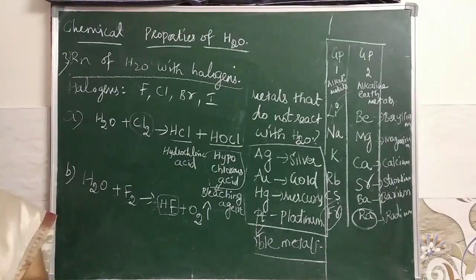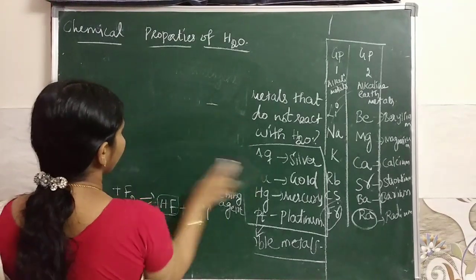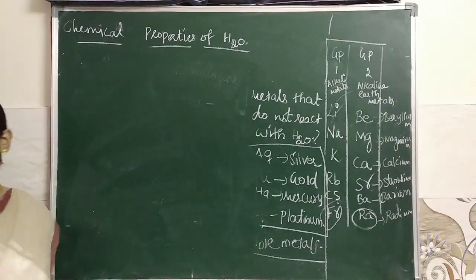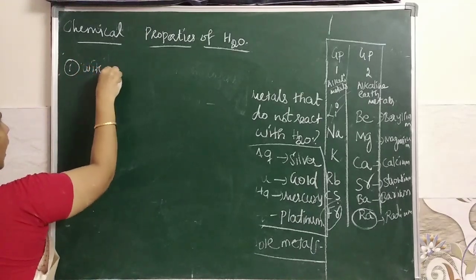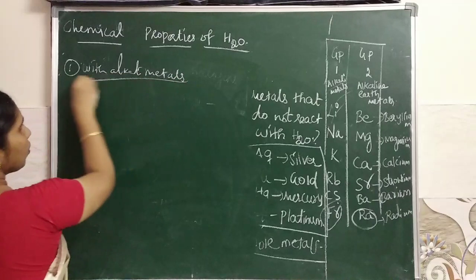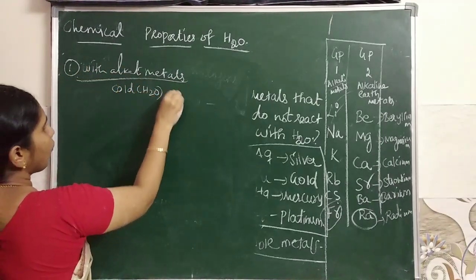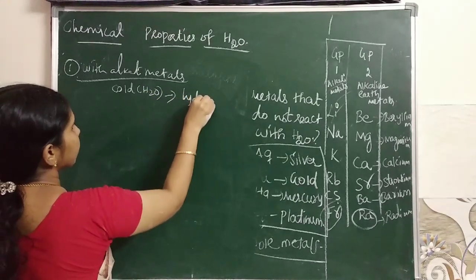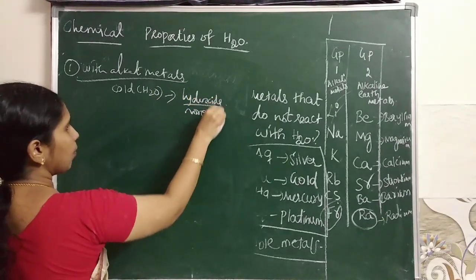So a quick recap. First one, reaction of water with metals. First we saw alkali metals: with cold water they form hydroxides. Okay, so these hydroxides are more soluble.